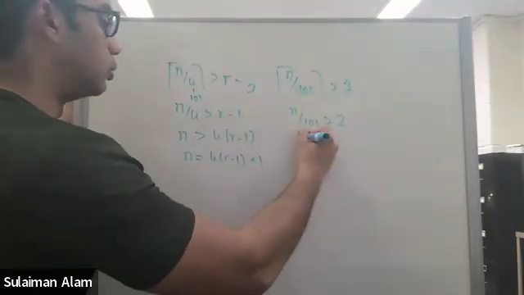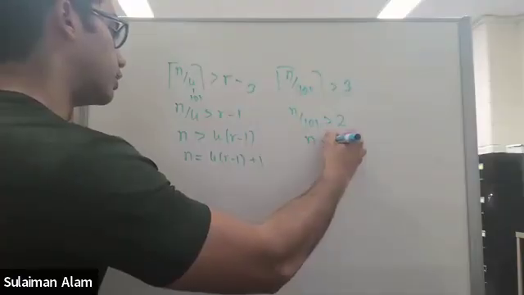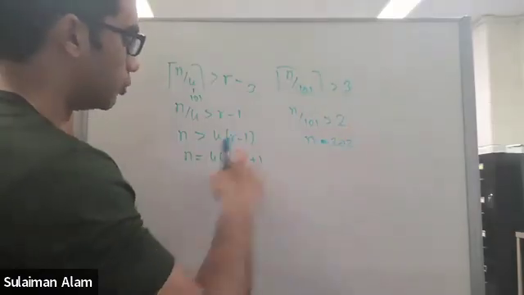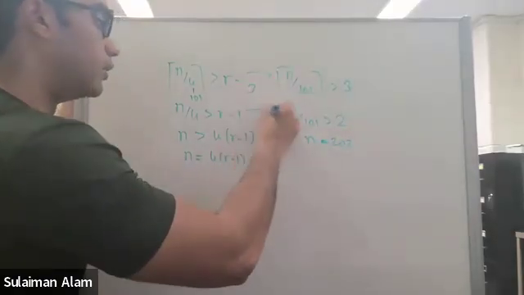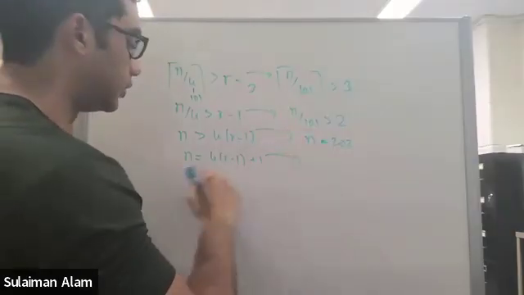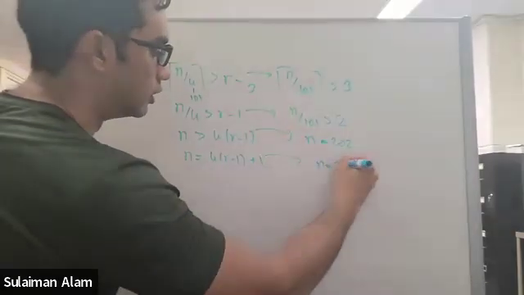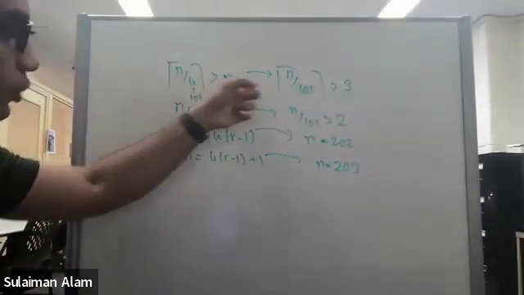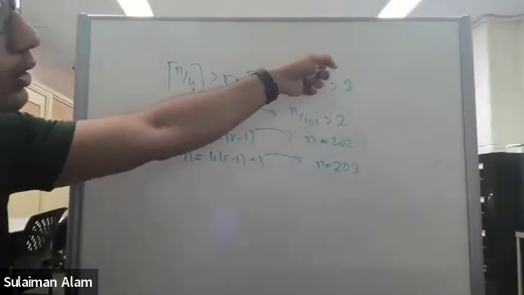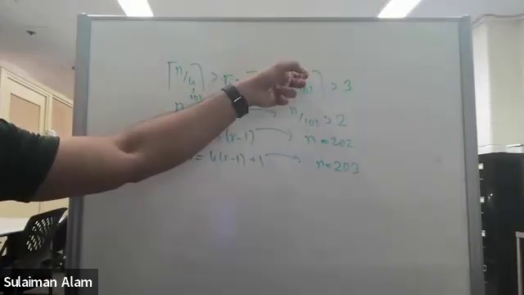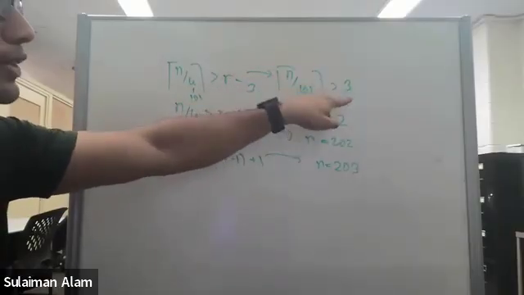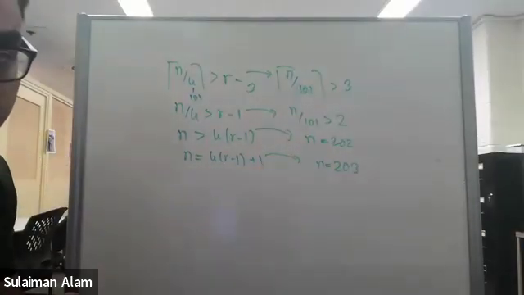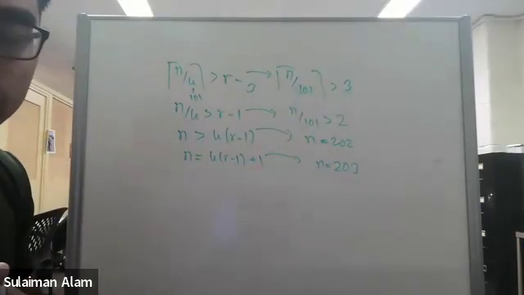Multiply both sides by 101, so we got N is greater than 202. When we add 1, N has to be 203. I subtracted 1 to initially get rid of the ceiling function, because that's the function that's annoying us. So by subtracting 1 here, we get rid of the ceiling function, and then we just add 1 to balance it out. Okay.